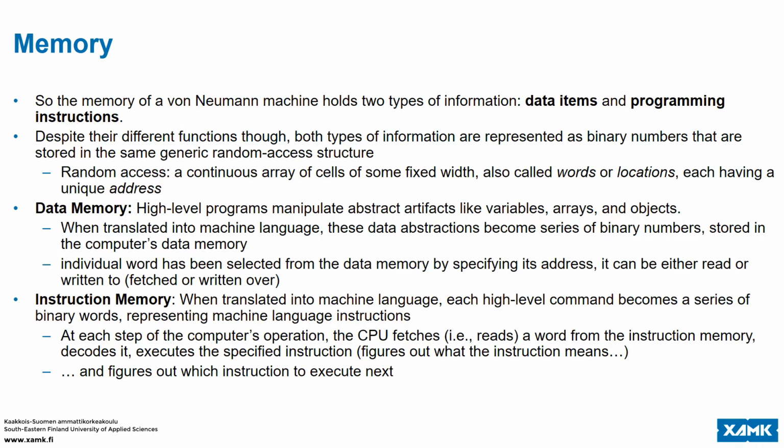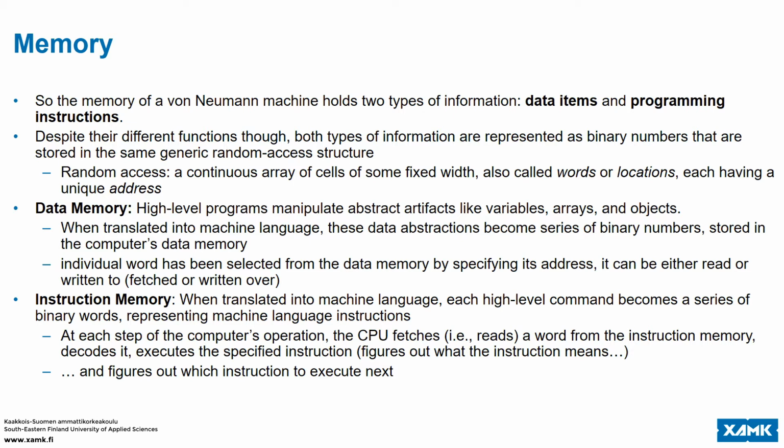In particular, in the memory of a von Neumann machine and in the memory of all modern computers, there are those two types of data. So there's the data and the programming instructions. And despite their different functions, both are represented as binary numbers that are stored in the same generic random access structure.